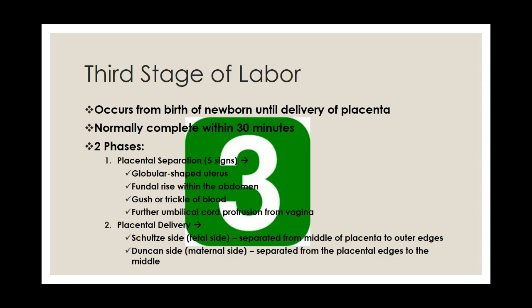The third stage of labor occurs from the birth of the newborn until the placenta delivers. Normally, this stage is completed within 30 minutes. If the delivery of the placenta does not happen within that 30-minute time frame, then the placenta is considered to be retained.